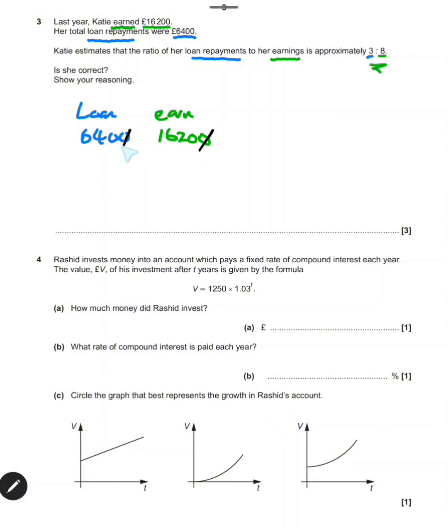We can quickly swipe off the zeros, just dividing by 10 and dividing by 10 again. I've got even numbers left in this ratio, so I can divide both sides by 2, and 64 divided by 2 is 32. 162 divided by 2, well, 160 halved is 80, 2 halved is 1, so we get 81.